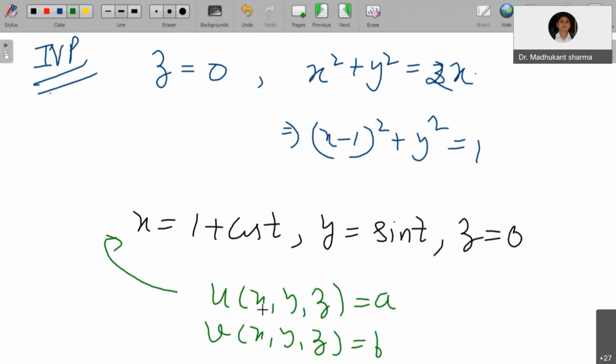Similarly, you will try to get a relation between these constants a and b. Your job is to eliminate them. Now you have both the things.